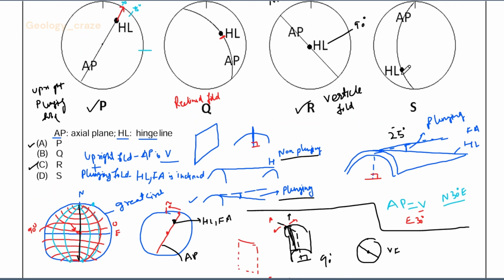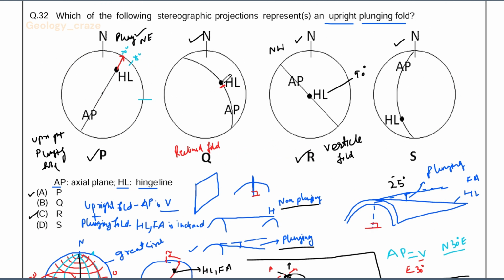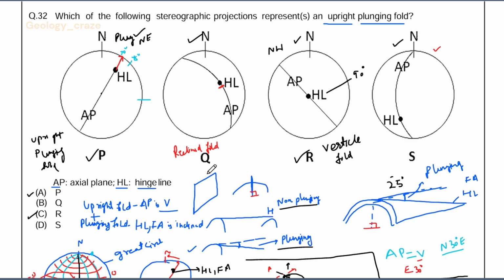So what is this fold? And here the axial plane is inclined. In this case the axial plane is inclined. This is for the reclined fold. And what is this fold? We can say this is an inclined plunging fold.